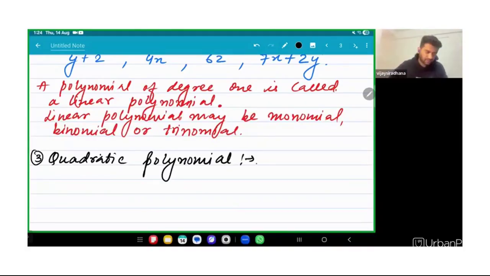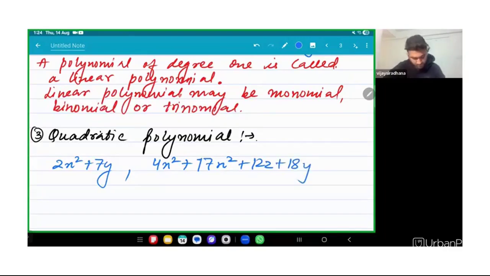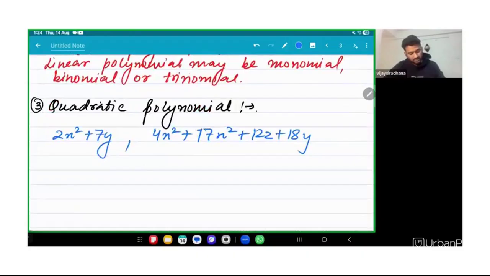Now students, what if I give examples: 2x square plus 7y; 4x square plus 17x square plus 12z plus 18y; and third, 12z square plus 18x.